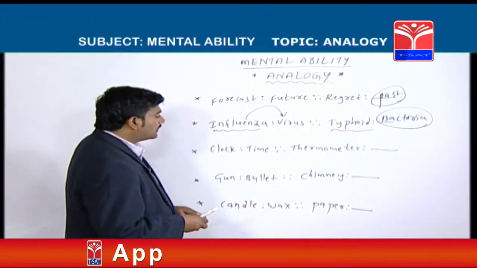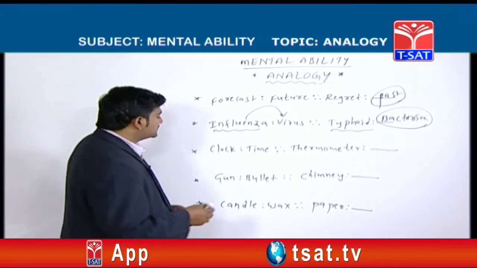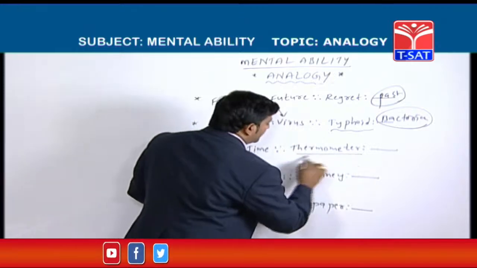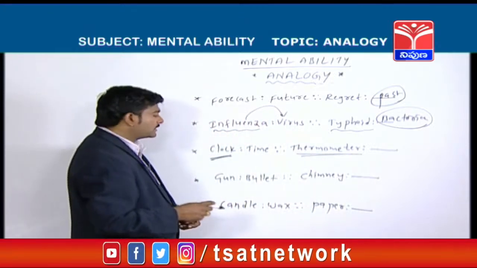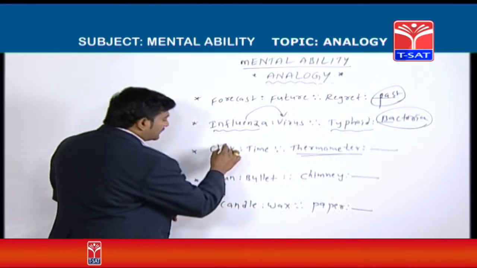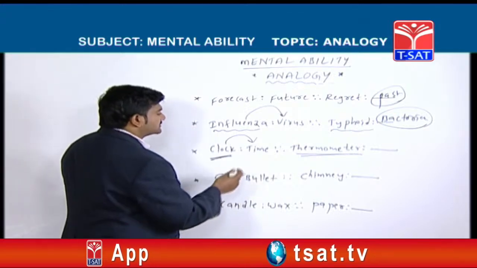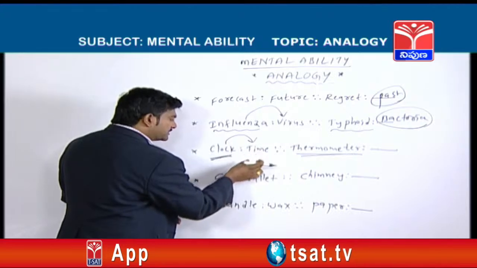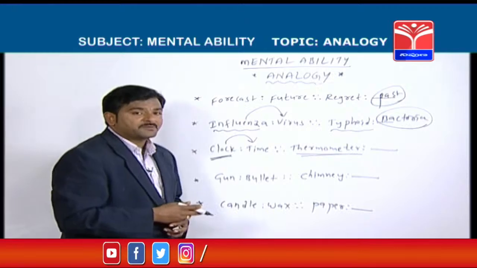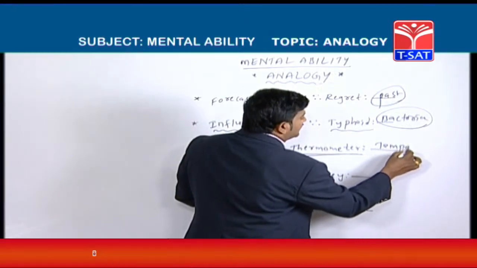Observe here, clock, time; thermometer, dash. One thing is clear: clock is a kind of machine. Similarly, thermometer is a kind of machine. What is the use of this clock? With the clock we can find out the time, or in reverse, time can be measured by using a clock. Similarly, a thermometer is used to measure the temperature.